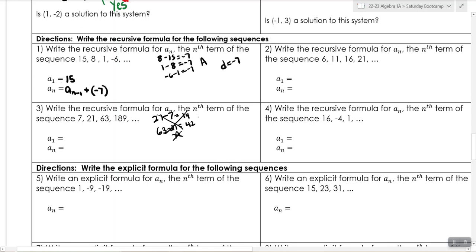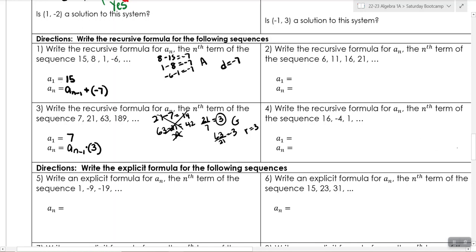All right, so we're going to check to see if it's geometric. 21 over 7 is 3. 63 over 21 is also 3. So this one is going to be geometric, and the common ratio is going to be 3. To write the sequence, a sub 1 is 7, and then a sub n is a sub n minus 1 times the common ratio, which is 3.